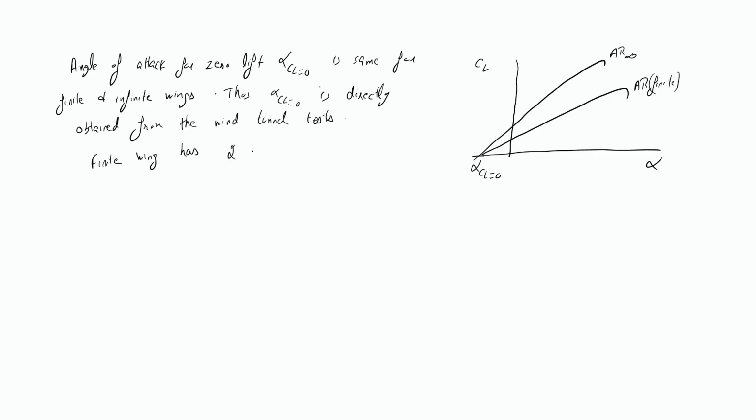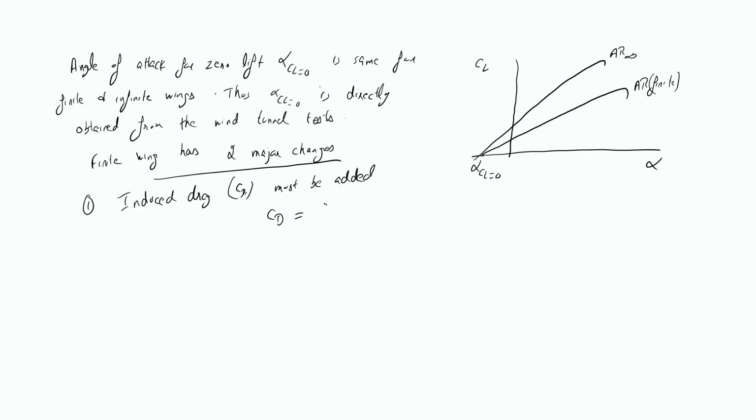Okay. So now a finite wing has basically two major changes. Your induced drag must be added, that is, as discussed earlier, CD equals CD0 plus K CL square. CD0 is nothing but again profile drag.